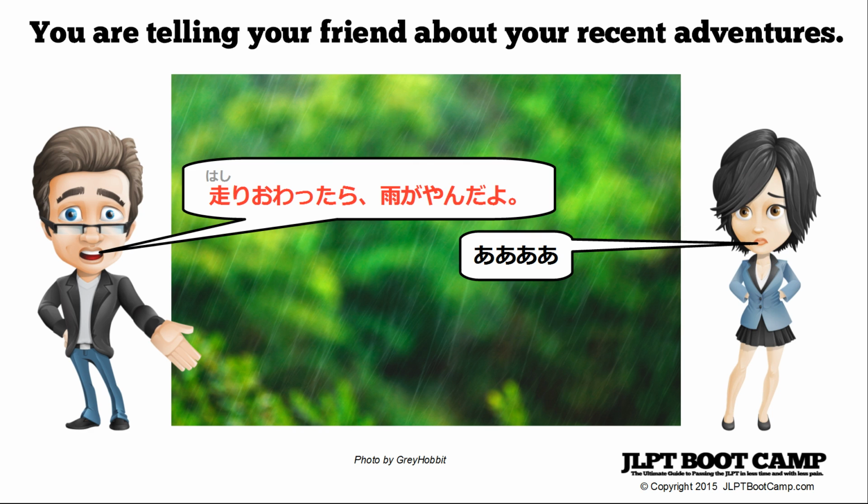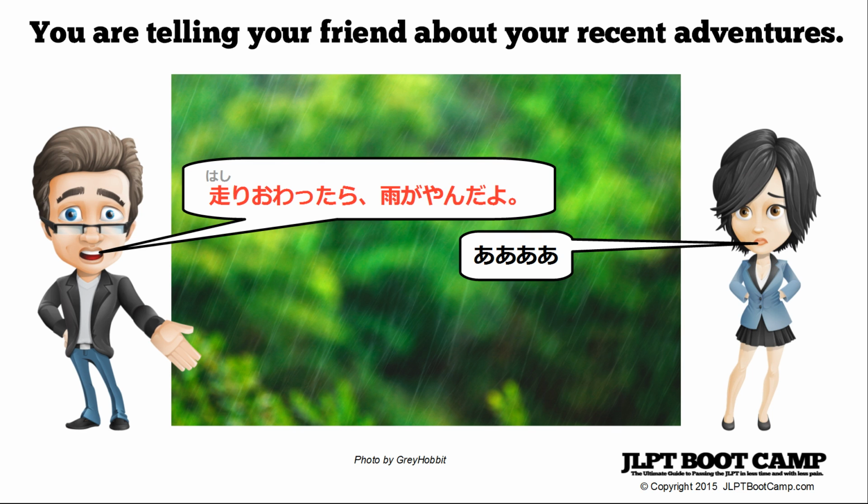Again, hashiri is the masu stem of to run, hashiru, and owatta is to finish. Owattara is when, and ame ga yanda is the casual past tense of yamu, which is to finish. And yo is you're giving some extra information.